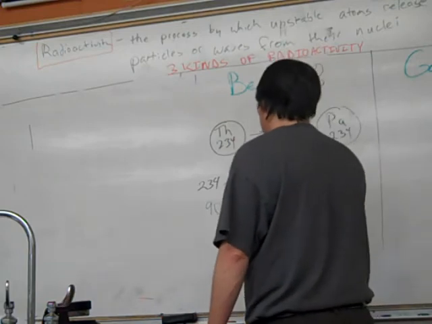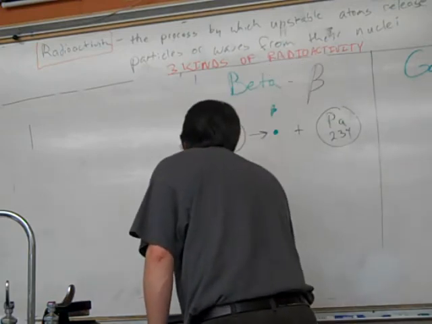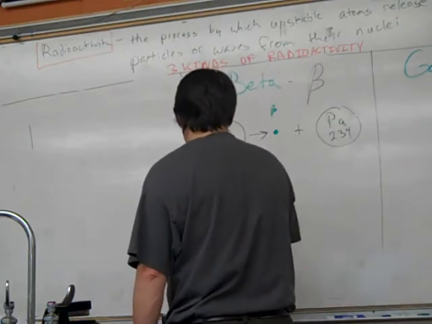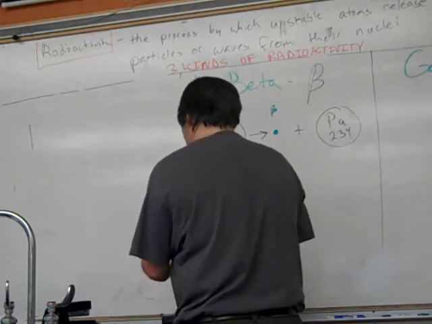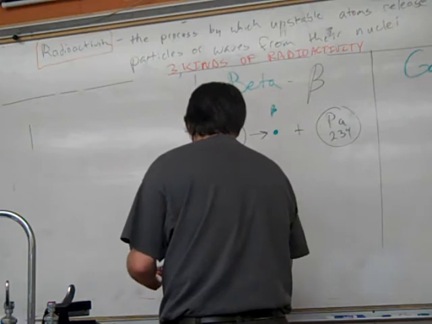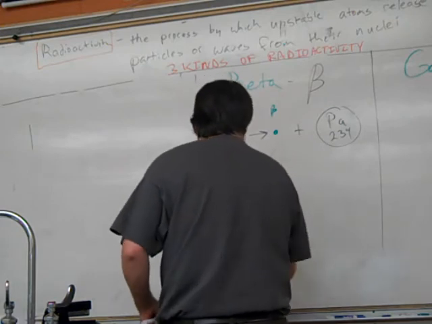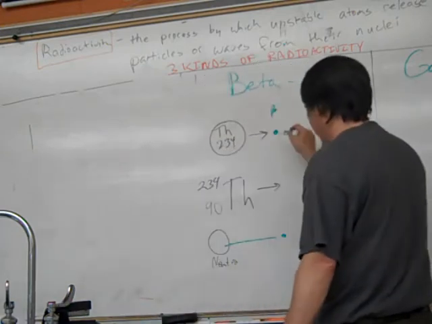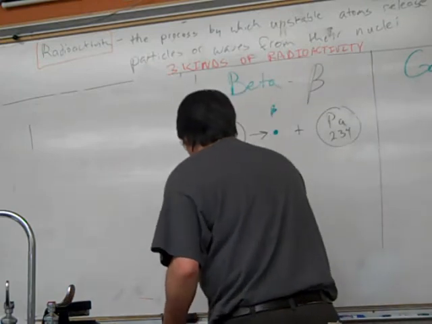And don't forget that one of those neutrons lost its electron, so it started out as a neutron, lost its electron, that's this electron, and became a proton.